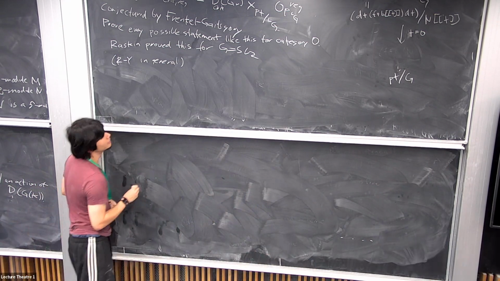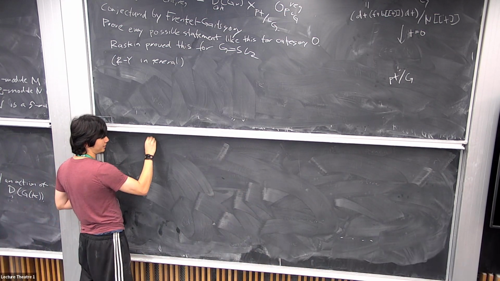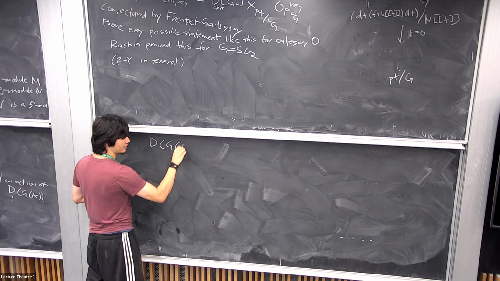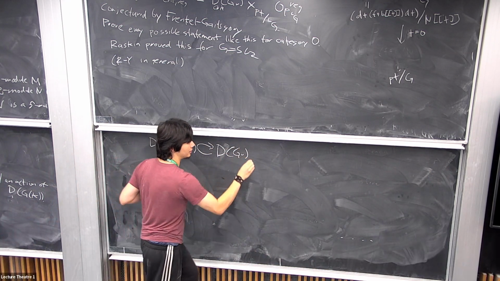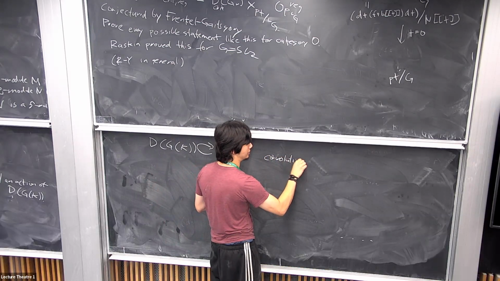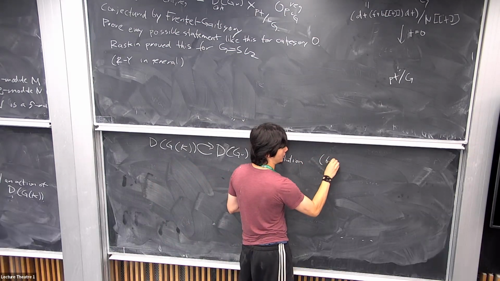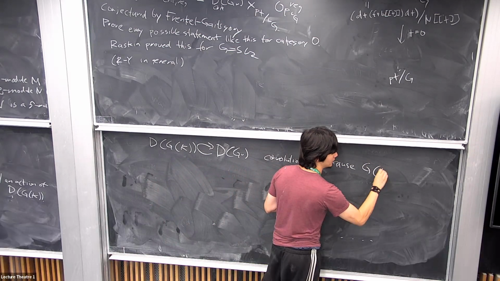In the case of D of Gr, this is pretty clear. You have an action of D of G(K) on D of Gr by convolution, just because G(K) acts on Gr itself.